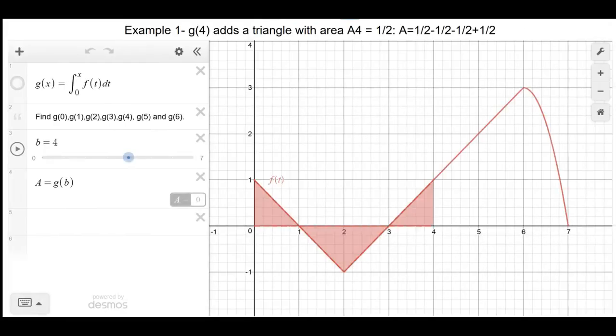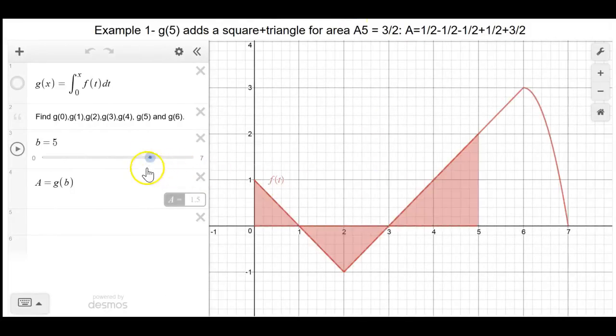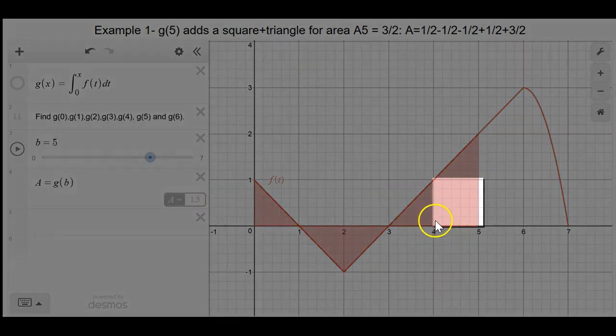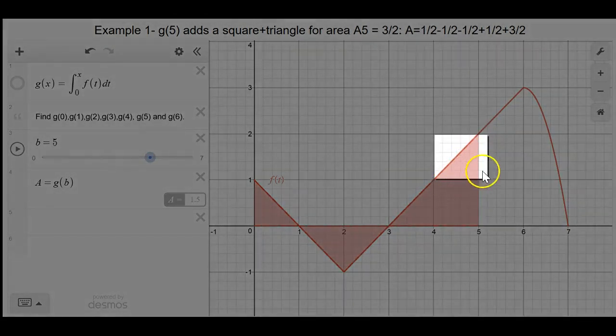So we keep accumulating the area underneath the curve. Notice when I go to g of 5, now I have something that's not just a triangle like I'd had before. So g of 5, I'm going to add the area of this square, which is 1, plus the area of this triangle, which is another right triangle, of area 1/2.